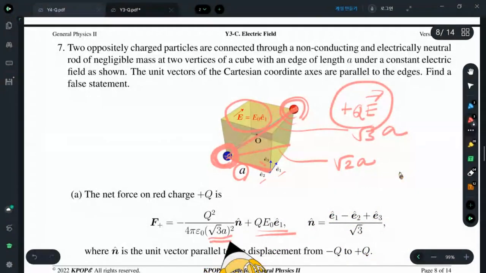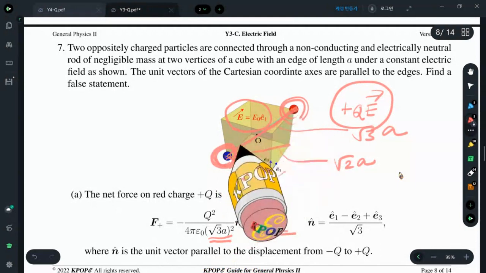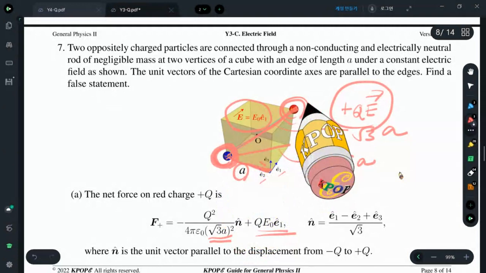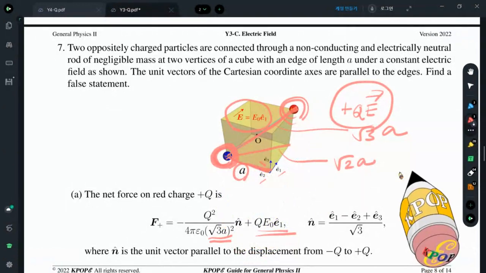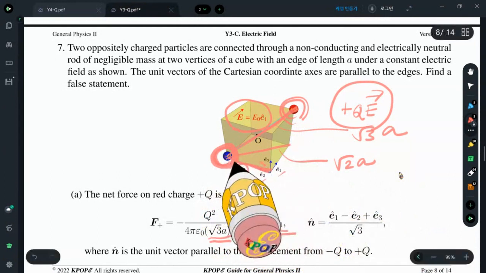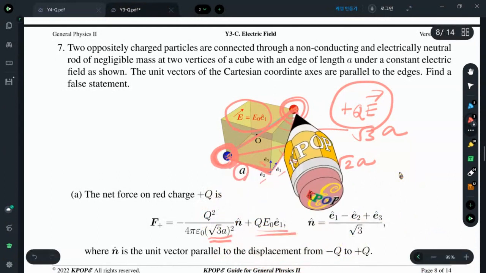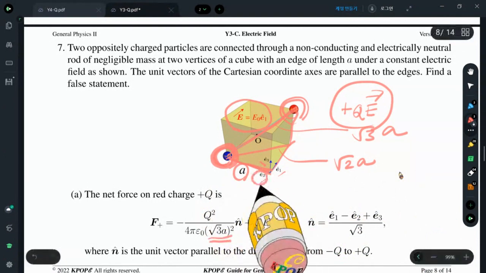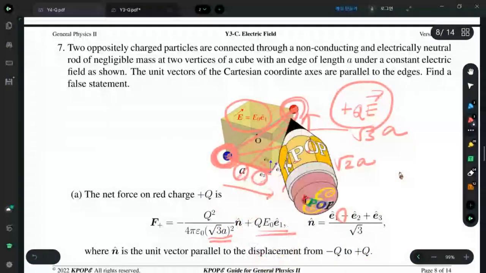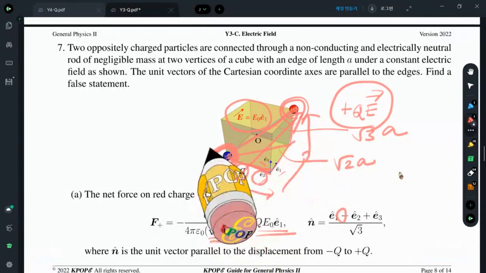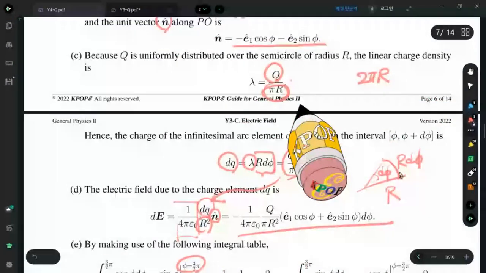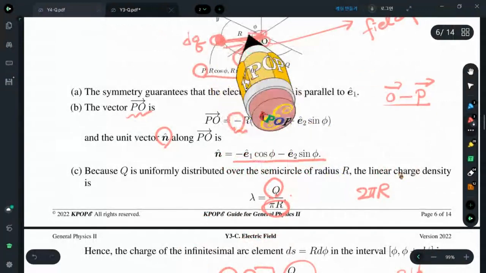So distance squared, and there's a unit vector that connects the negative charge and positive charge. That can be simply computed, right? E2 has a negative sign because this direction is this direction, right? From the charge to the field point.